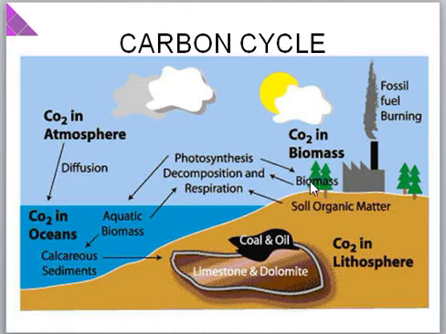The chemical symbol of glucose is C6H12O6. Remember in our photosynthesis, the products of photosynthesis are oxygen and glucose.